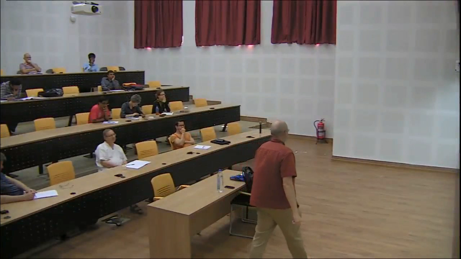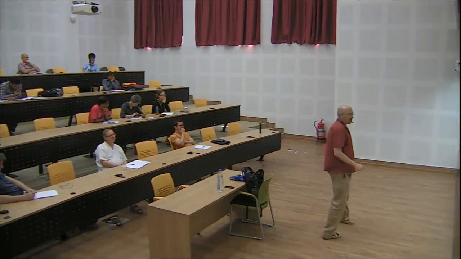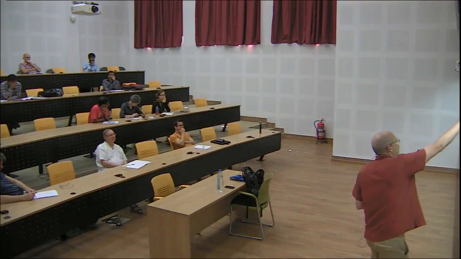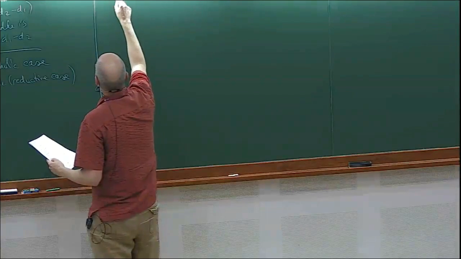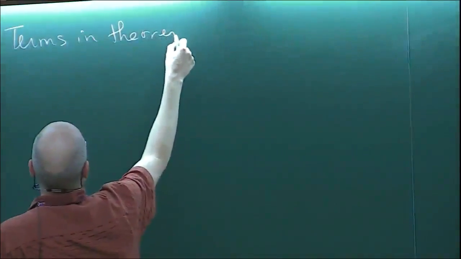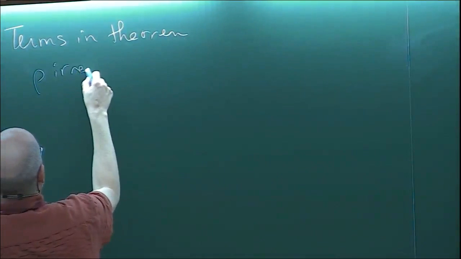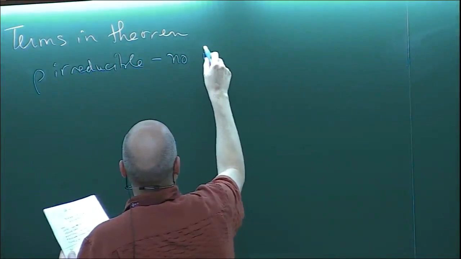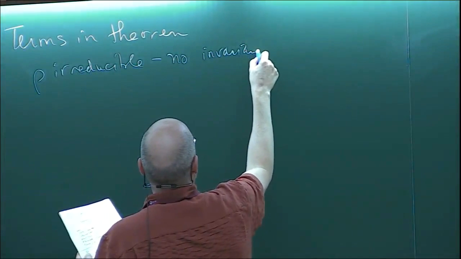All right. Okay, so let me explain a little bit, at least for the non-experts, some explanations of the terms. Rho irreducible means there are no non-trivially invariant subspaces.